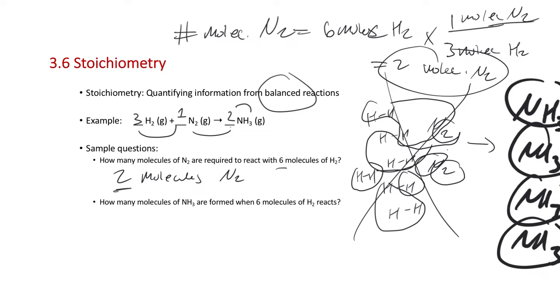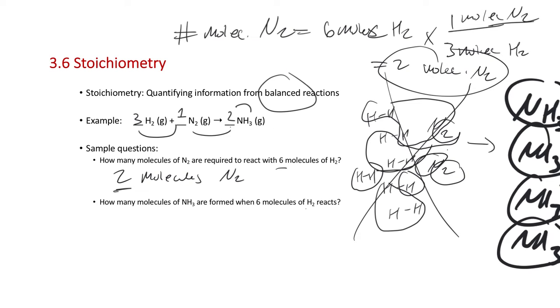So just about every problem will have this option of drawing a picture, making a diagram, thinking through it like we did, well, 3-to-1, so 6-to-2, or writing out the math and solving it using dimensional analysis.